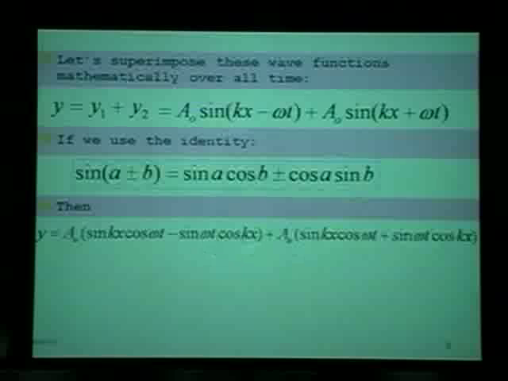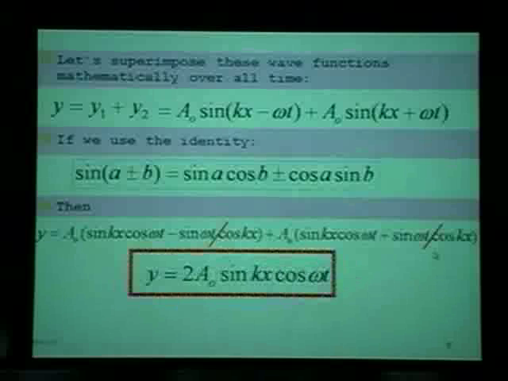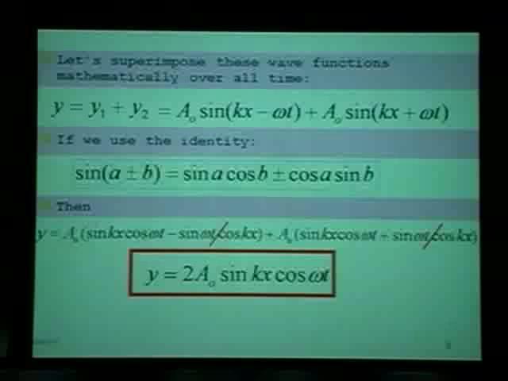This term, which is minus here, and this term over here, which is plus, are the same terms, so they cancel out. My net result is that the two waves add together as one wave equal to 2a naught sine kx cosine omega t.